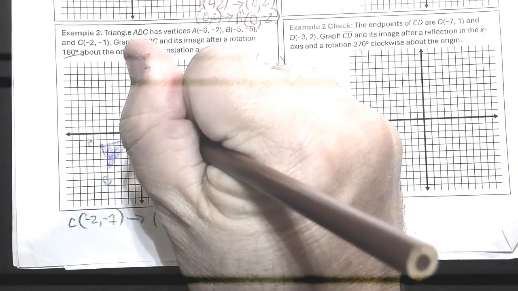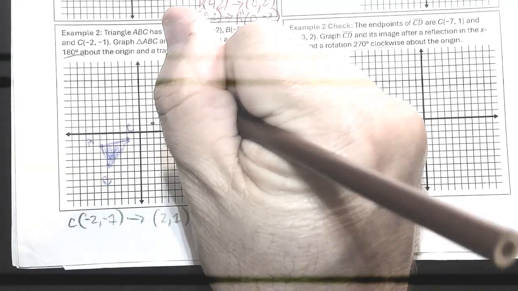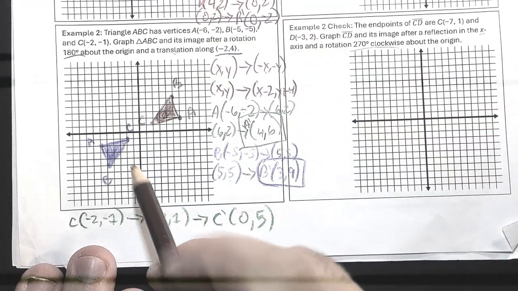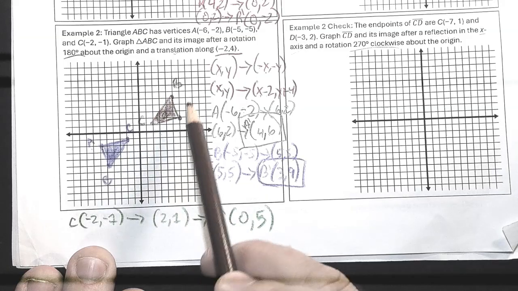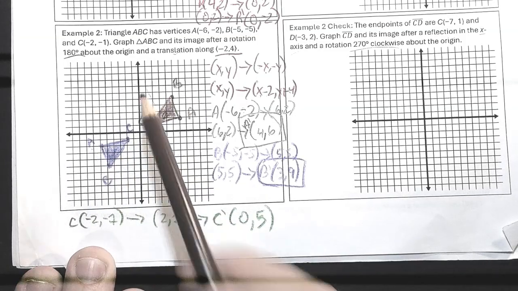Positive 1. Okay, so see how when we rotated, A was on top, B was on bottom, now B's on top, A's on bottom, so it rotates.